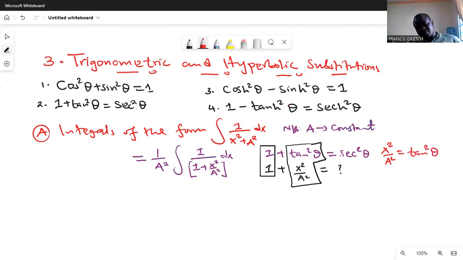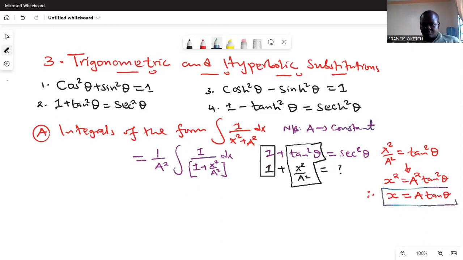When you make x the subject, x squared is equal to a squared tan squared theta. Therefore, x is equal to a tan theta. This is the substitution that you need to make.